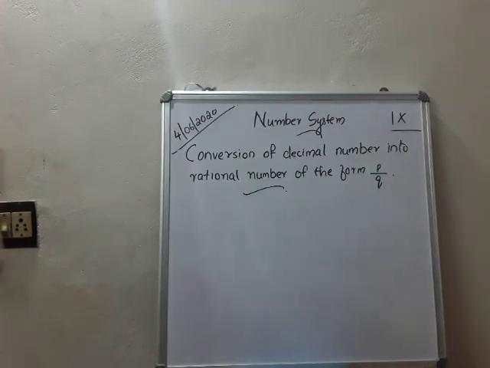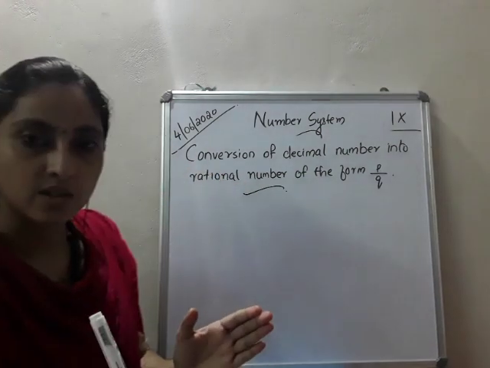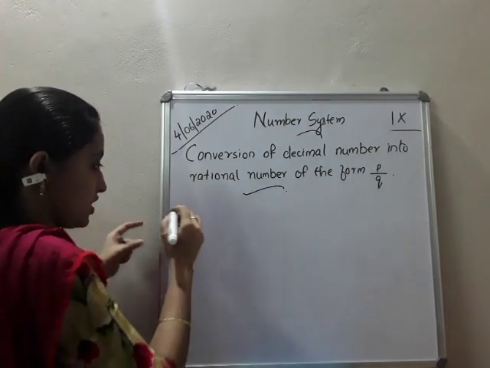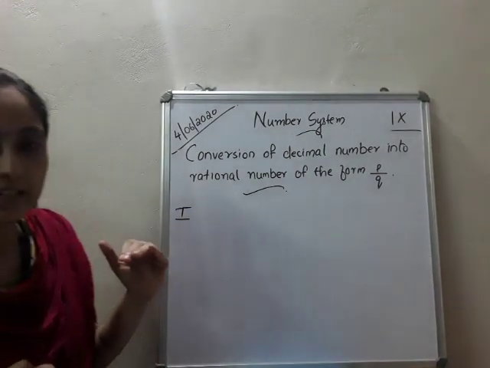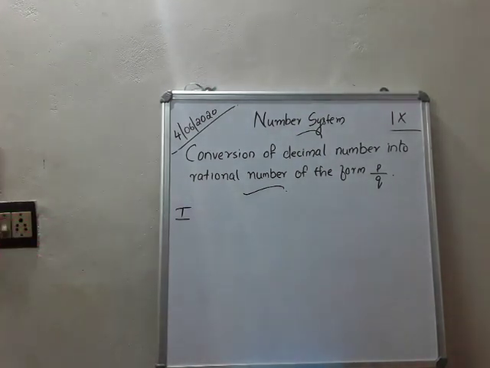There are two different types of decimal numbers: one is terminating, another is non-terminating repeating. Please write the first section: conversion of a terminating decimal number into the form p by q.